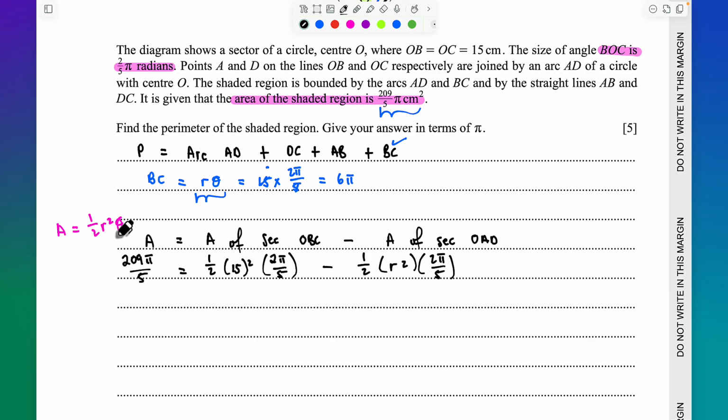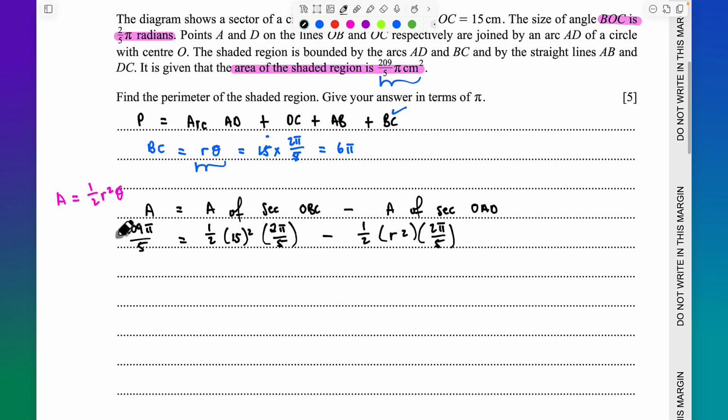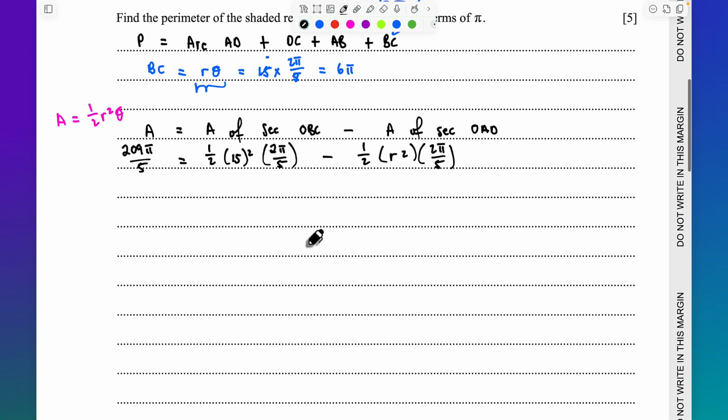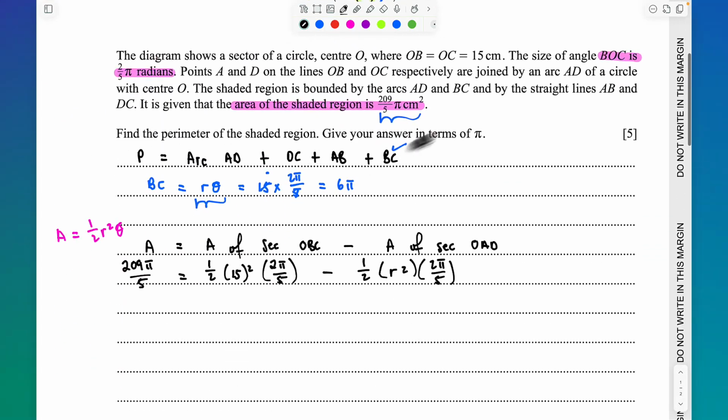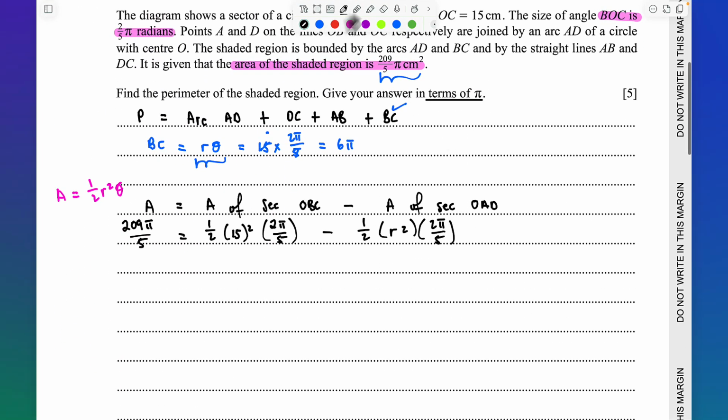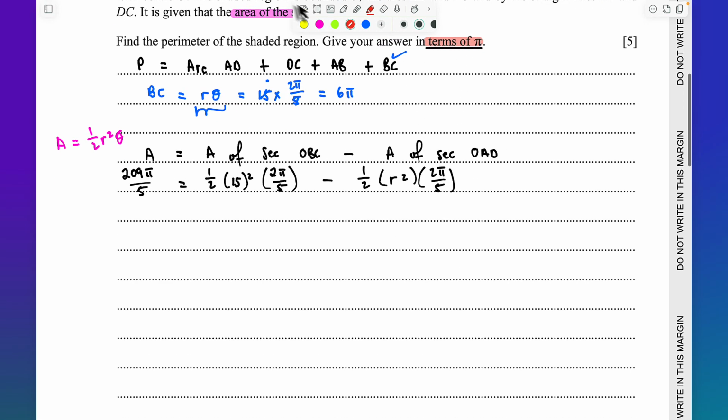What I'm actually going to do in this case is factor out some things, just to simplify our problem a little bit and make it look prettier. Because we're giving answers in terms of pi, we need to make sure that we get exact values as we go.